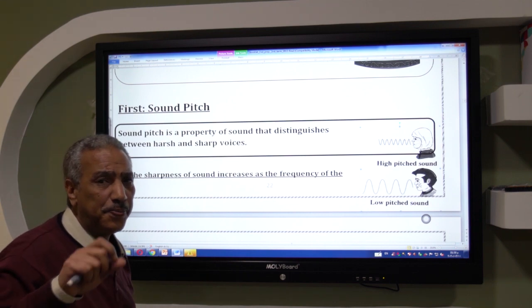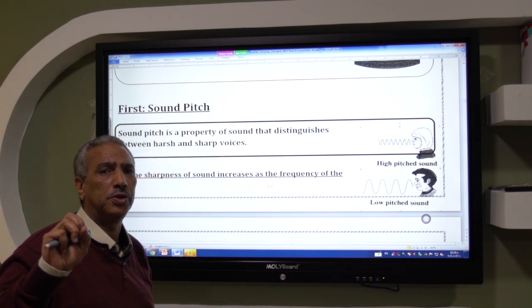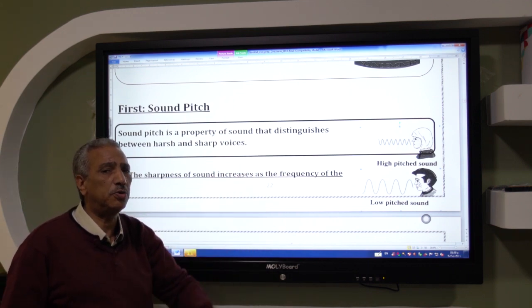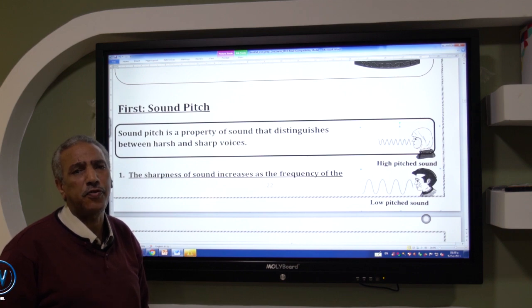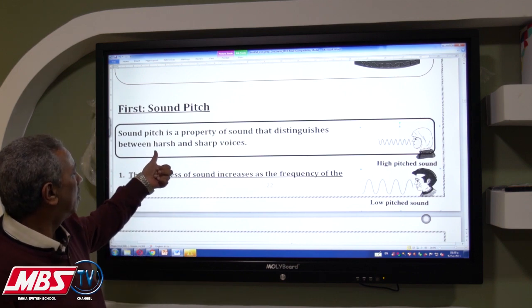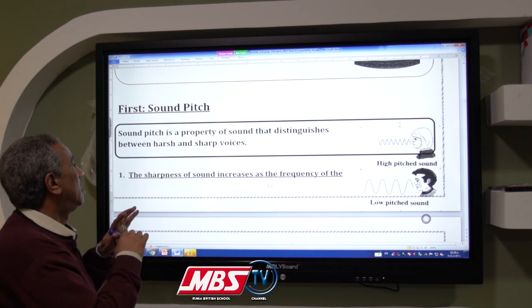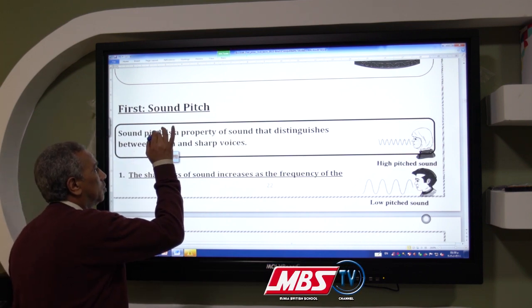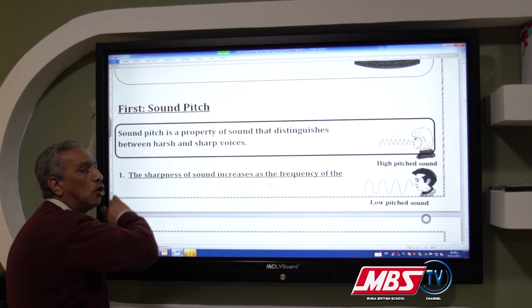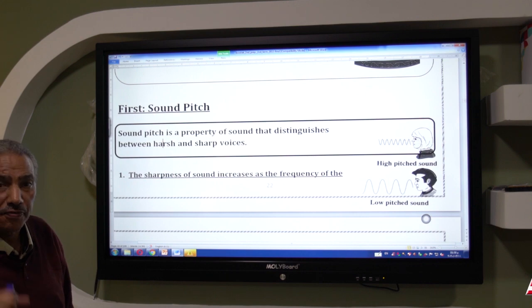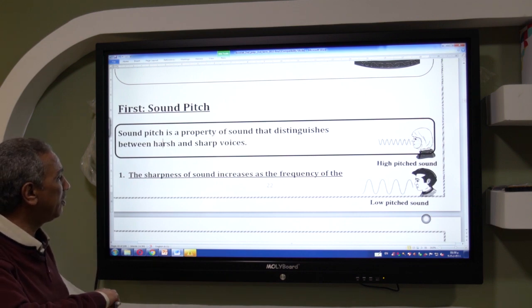I will say it again. It is the property of the sound that the human ear can distinguish. To distinguish means that it can differentiate between the harsh sound and the sharp sound. Actually, whether the sound is harsh or sharp mainly depends on the frequency of the sound waves.